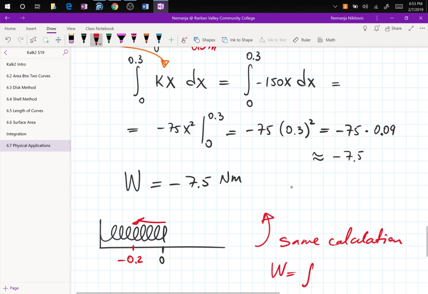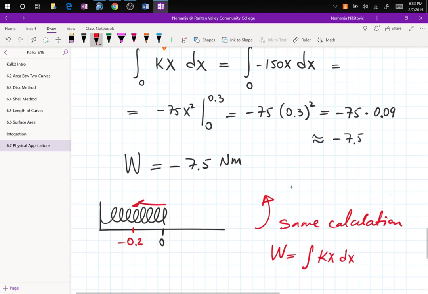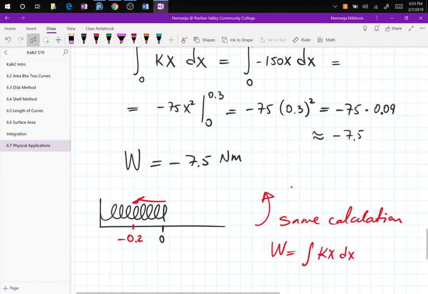So, integral of what? Now that is a very tricky thing. It's 0 on the bottom because your spring starts at 0, okay? And then it's going to go to negative 0.2 because it's going the opposite way.